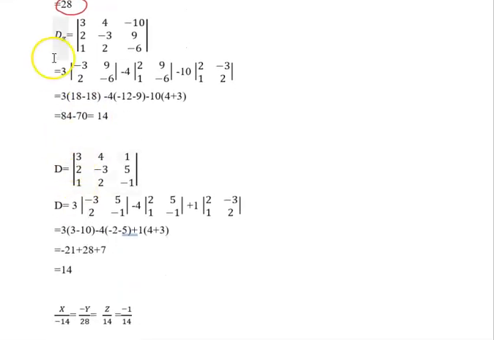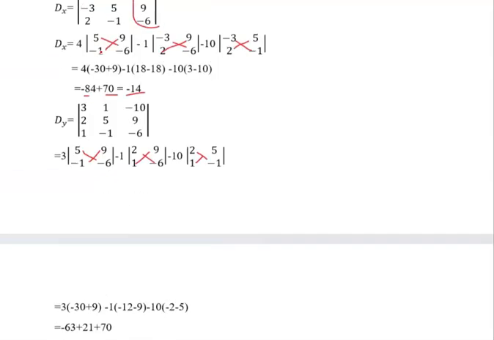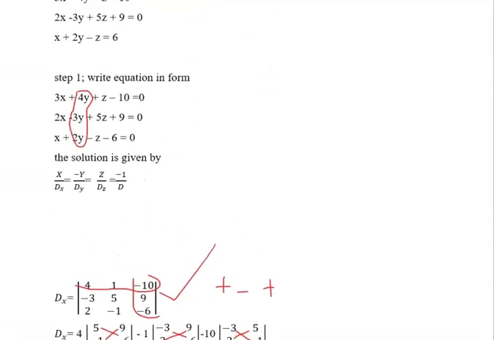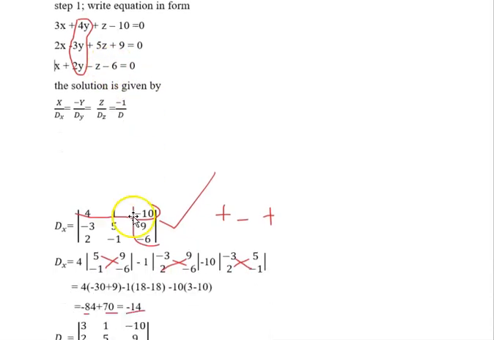Then calculate D, the determinant of coefficients left when the constant column is covered up. This is the constant column. So you don't include negative 10, 9, negative 6.